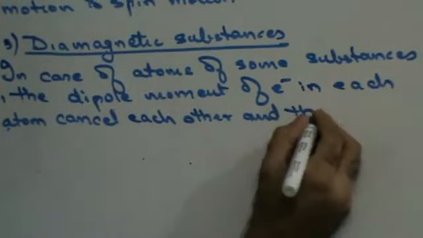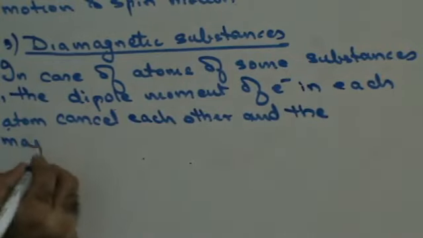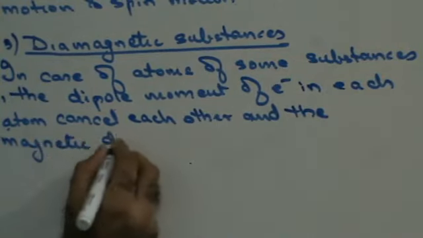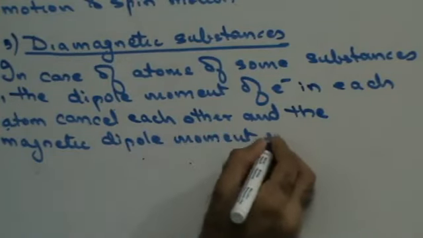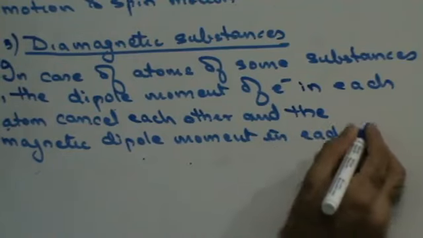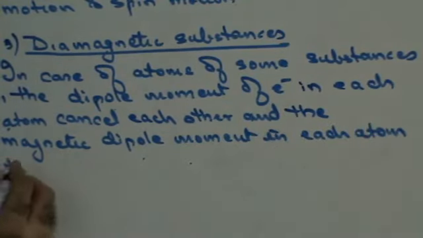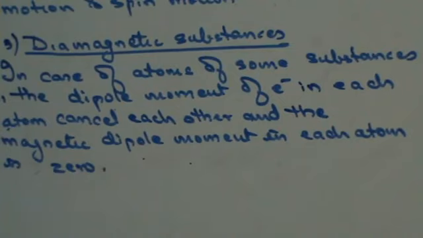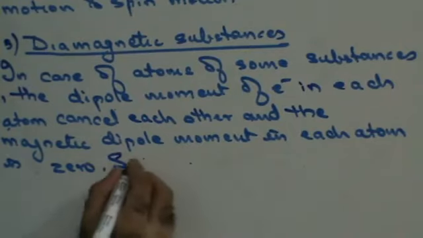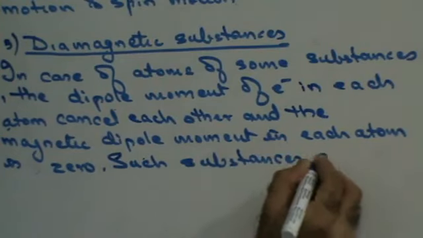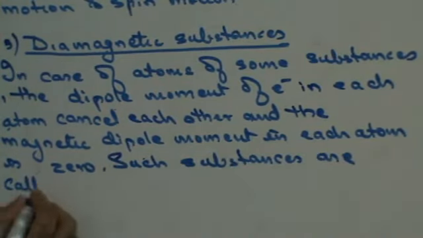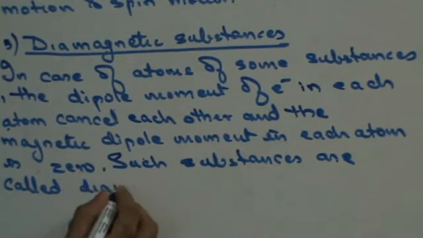Right? Such substances are called diamagnetic substances.